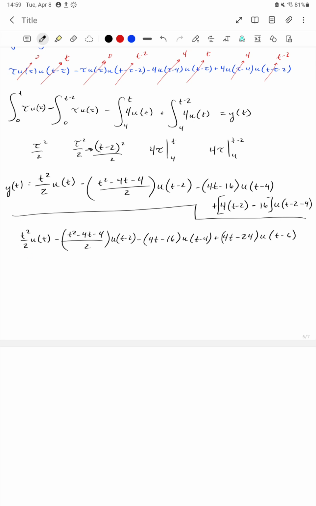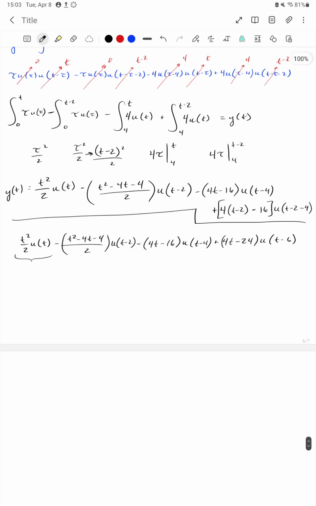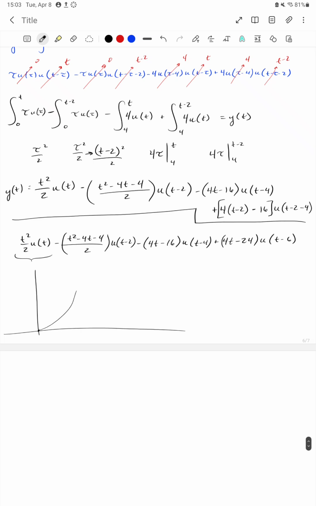So this is going to be a little bit difficult to picture, but let's see if we can analytically figure this out. So this is going to be pretty easy. If we're starting at 0, right? Probably don't want it to be as large. So if we're starting at 0, you are going to notice that we're starting with just a t squared over 2. T squared would be essentially something like this, right?